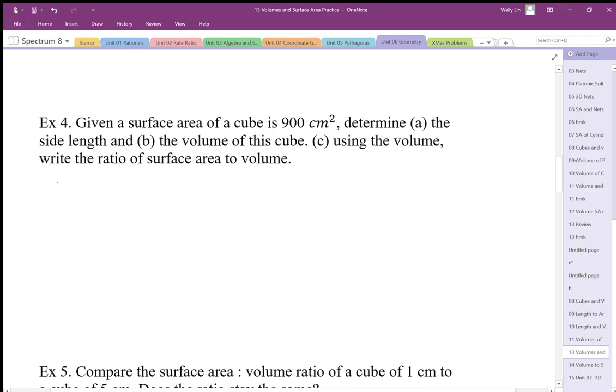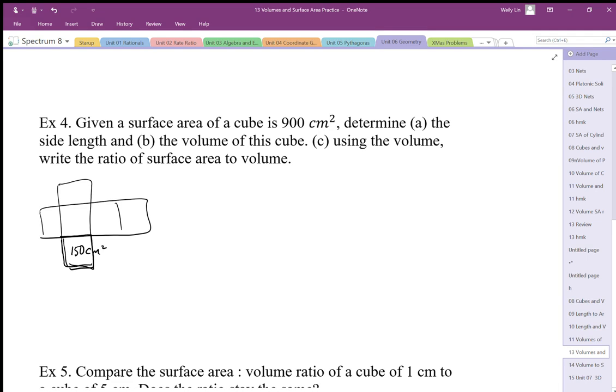So we know that 900 centimeters squared has to be split up between 6 surfaces. And each one of those surfaces is exactly the same. So when we divide that 900 by 6, we get one surface is 150 centimeters squared. Okay. Well, if I know the square area, to go from square area to side length, I square root.